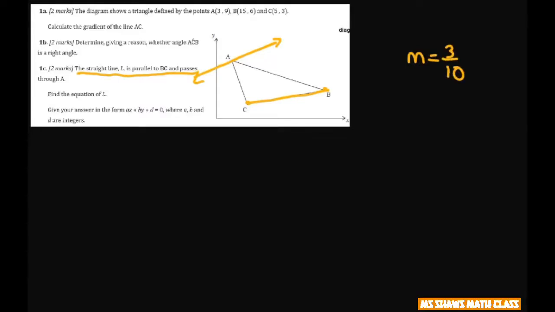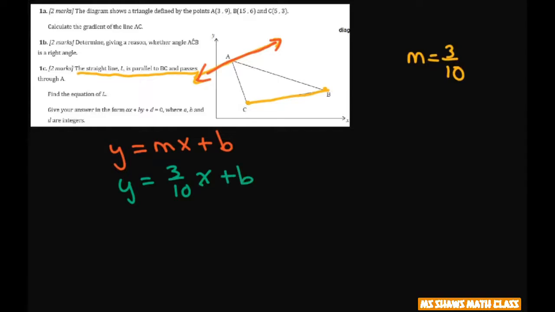So all you have to do is for the slope, you have the same slope if they're parallel. Parallels have the same slope. So we're going to write y equals mx plus b. And our slope is 3/10. And then our point A is there. So just plug that in.